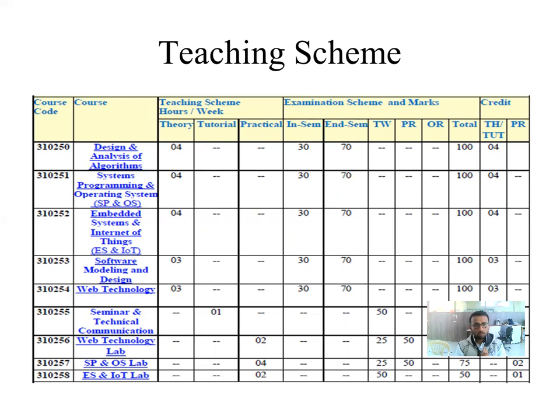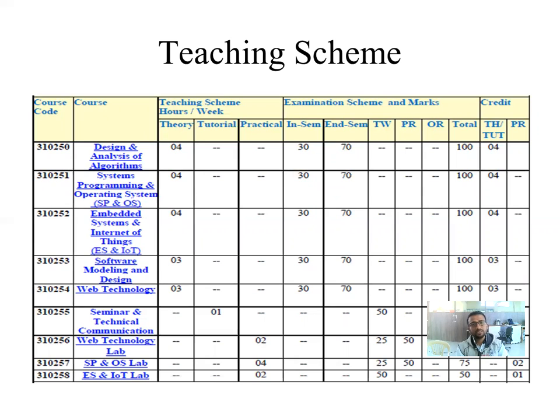So the total overall weightage for this software modeling and design subject is 100 marks, right? Means you are going to prepare for the 100 marks. In that, you just have to give the in-sem examination of 30 marks and end-sem examination for 70 marks.